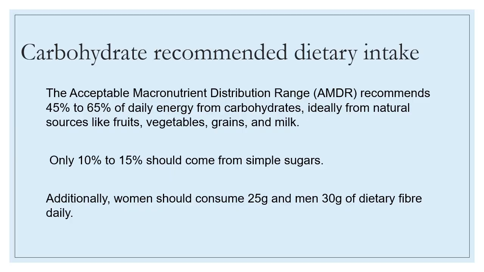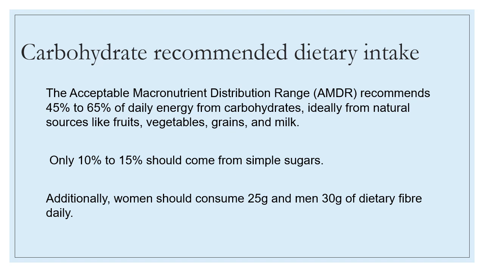So just a reminder that carbohydrates are recommended for our daily intake. The acceptable macronutrient distribution range, which is the AMDR we've been speaking about, recommends roughly about 45 to 65% of our daily energy coming from carbohydrates, ideally from sources like fruits, vegetables, grains, and milk.